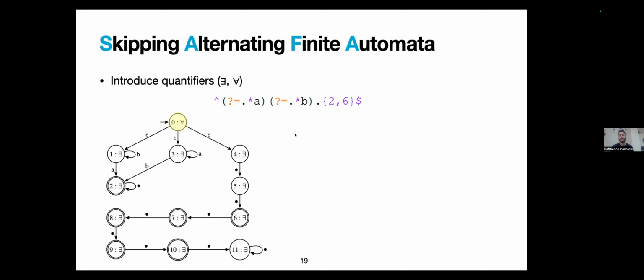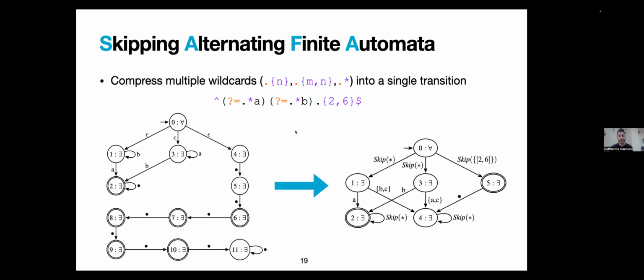But if we were to match the right child, we would have to do all those transitions. Well, we don't really need to check the characters underneath because they're wildcards. All we need to know is that we can skip over that region, and that's the intuition for skipping alternating finite automata. We replace these long wildcard regions with a labeled edge.